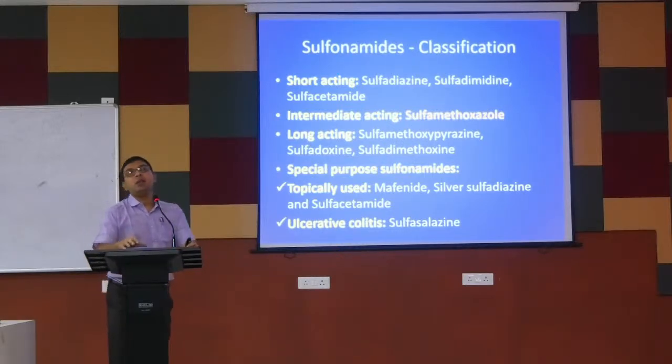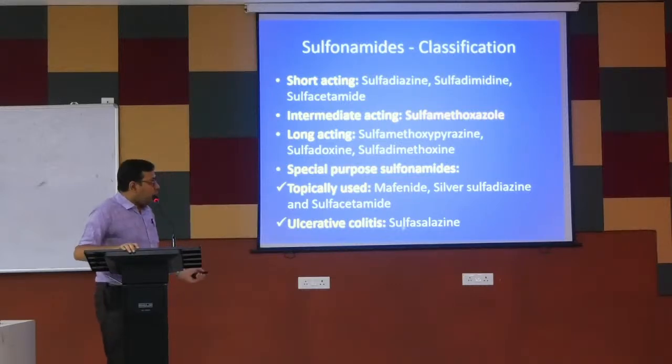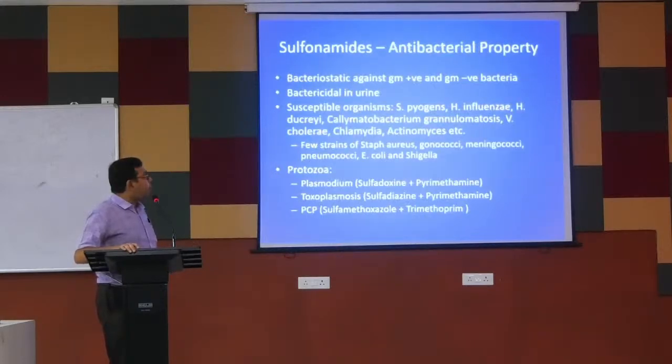So sulfonamides can be used not only as antimicrobial agents but also in ulcerative colitis. These are the names you have to remember: short acting, intermediate acting, long acting, and some special purpose sulfonamides.